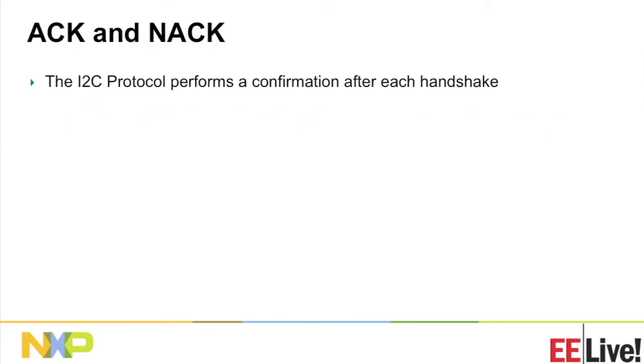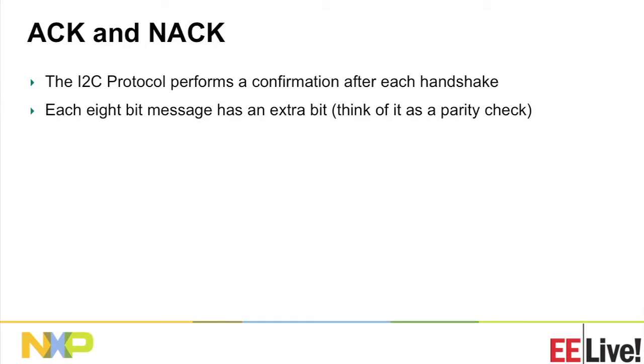Now we talk about that magic 9th bit, which is used to perform a handshake. And this is probably the single most important feature of the I2C bus system, because it means that for every 8 bits of data that you transmit, there is positive confirmation that it has been received at the other end.